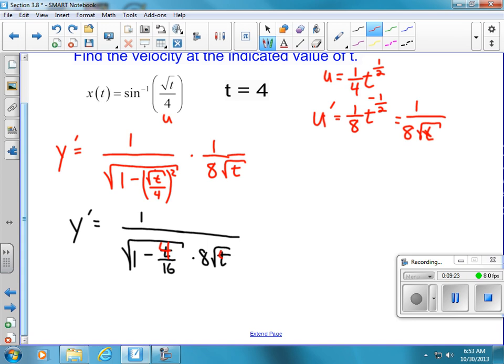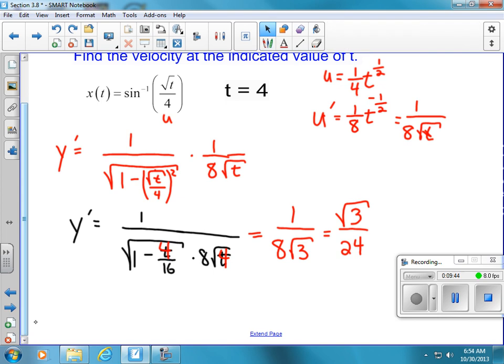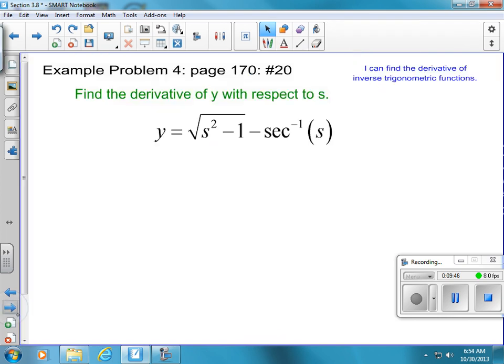Put a 4 here and a 4 here and do all of your fancy calculations. And you should come out with 1 over 8 square root of 3, or if you were really fancy, you might come up with square root of 3 over 24. And those are the numbers you should get when you plug in a 4.